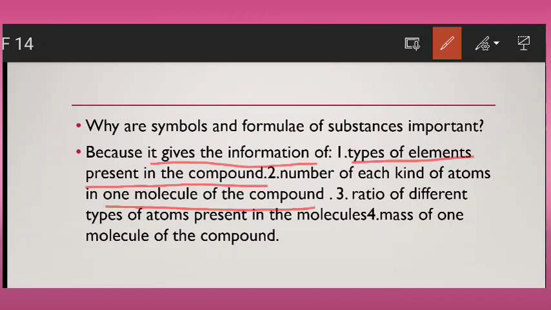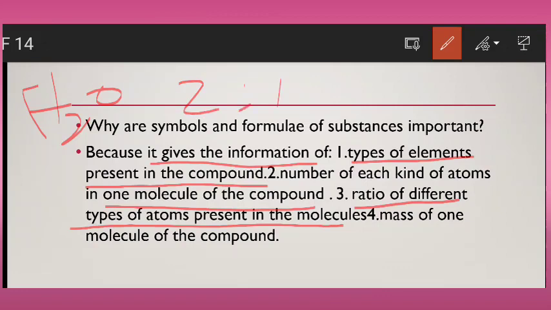H2 means one molecule of hydrogen has 2 atoms of hydrogen. Then the ratio of different types of atoms present in the molecule. This also we come to know with the help of the formulae. Like when we write H2O, the ratio of hydrogen and oxygen is 2:1.